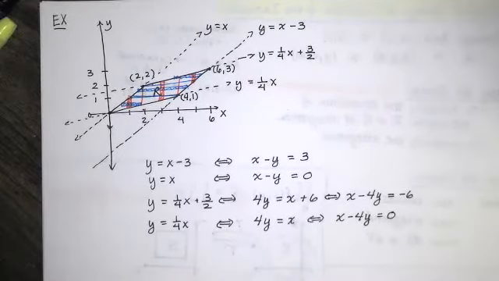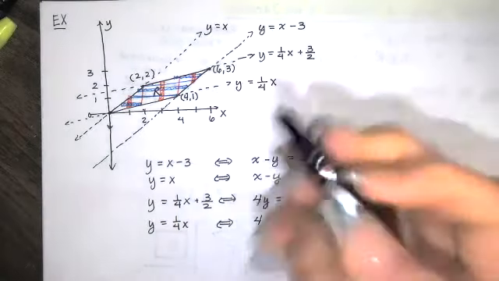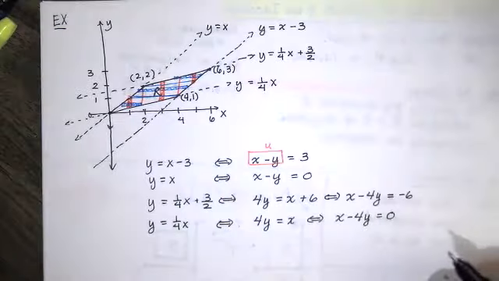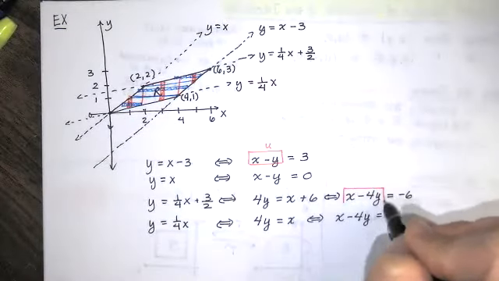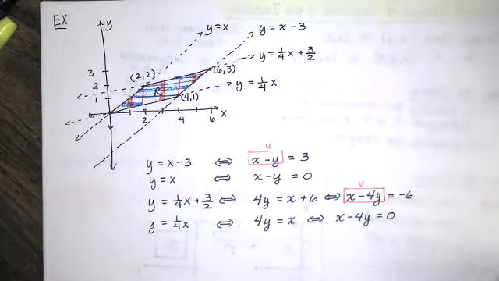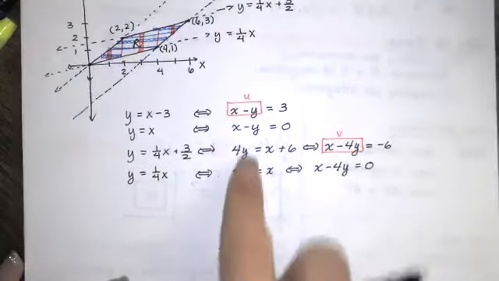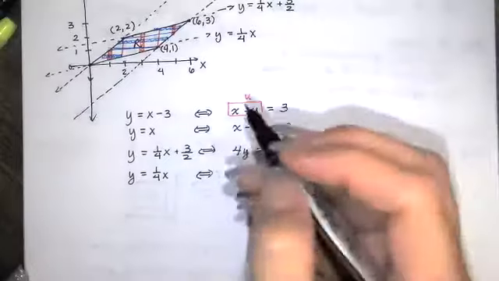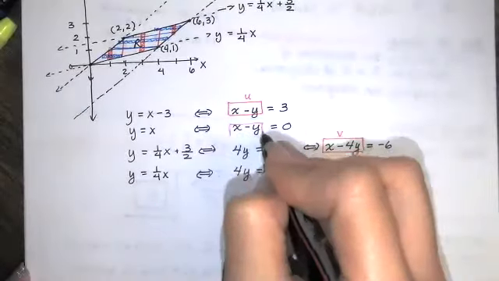If I let u be x minus y, and I let v be x minus 4y, I think we're going to have constants for our bounds. This line will become u equals 3, and this line will become u equals 0.